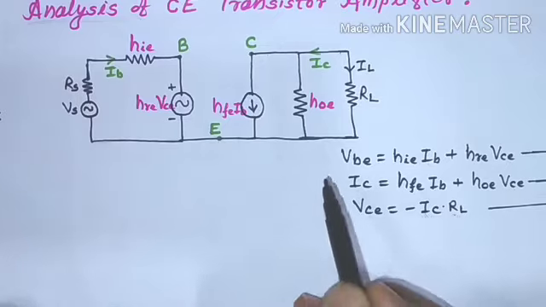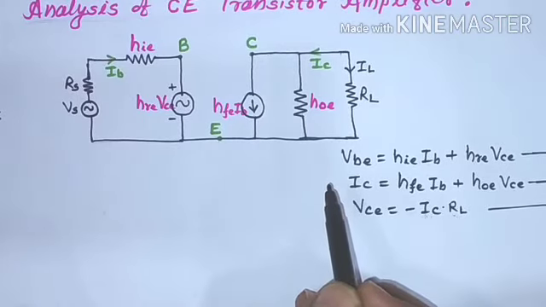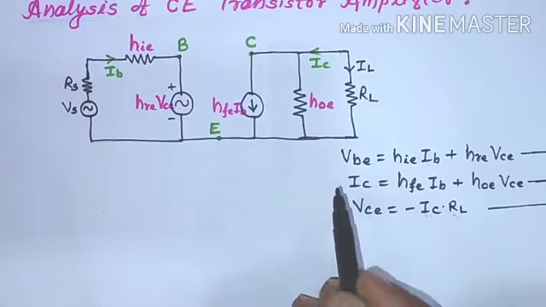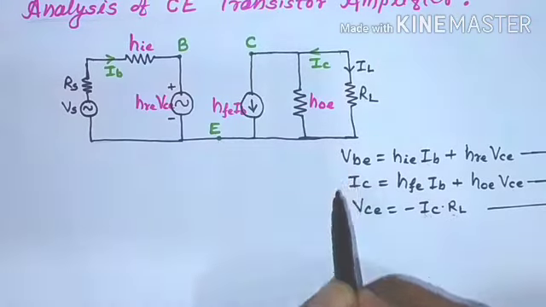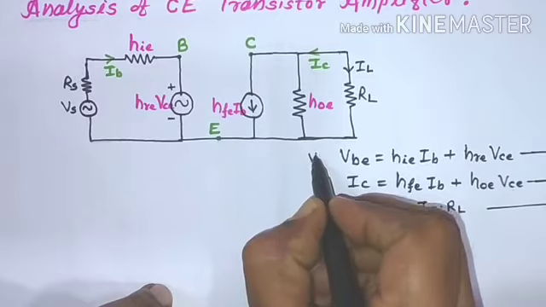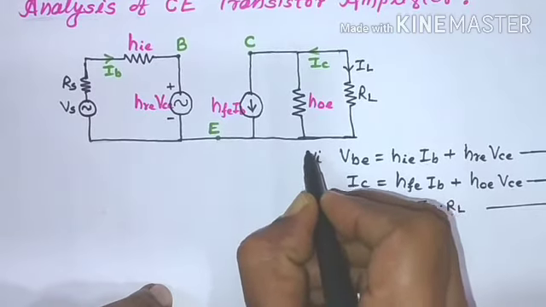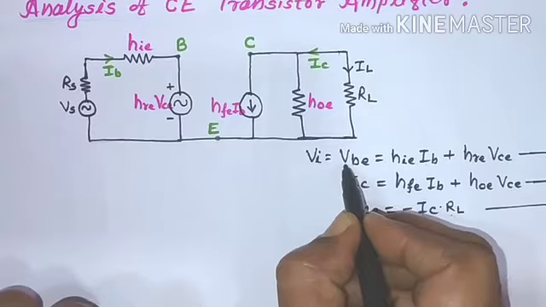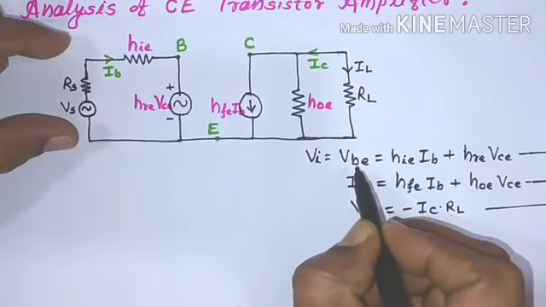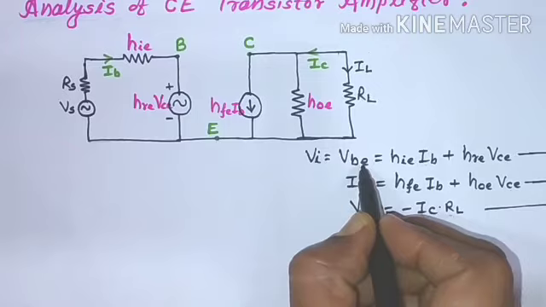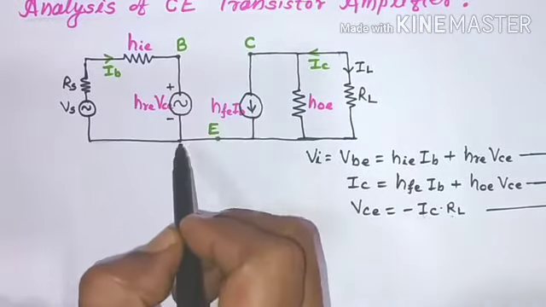Now in this particular case, as per our last discussions, we have derived these two expressions. One is for the input voltage VI, which equals VBE, because the input voltage is the voltage between base and emitter.